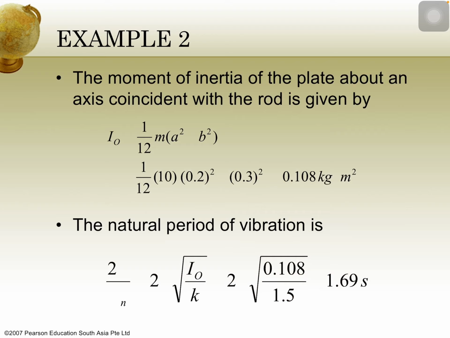The moment of inertia of the plate about an axis coincident with the rod is given by, so we can calculate the moment of inertia. So we have the formula for rectangular shape. We also have other formulas for different kinds of shape, such as circular, square, even a complex shape.